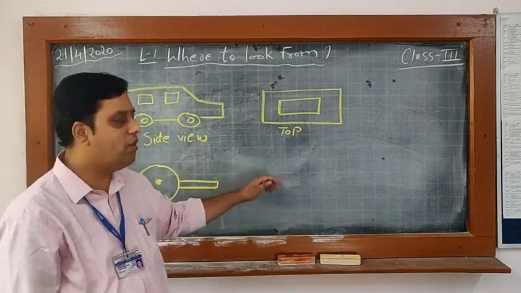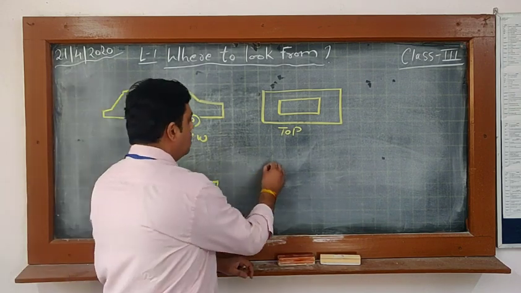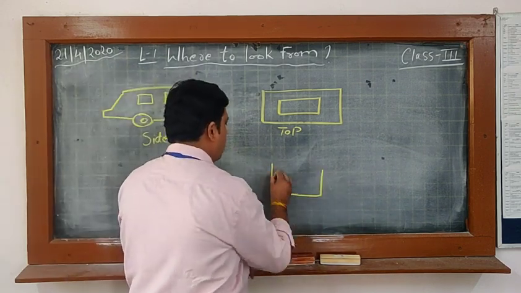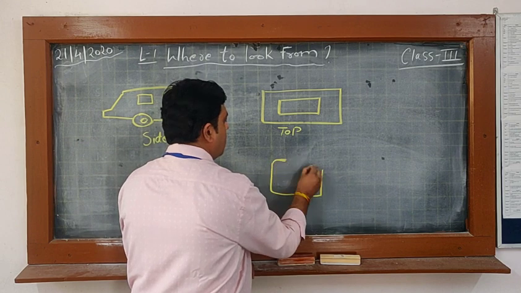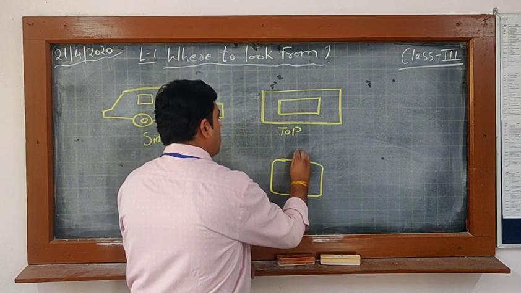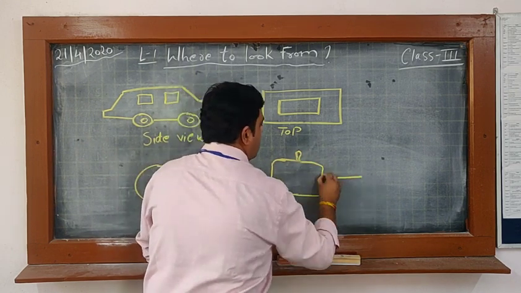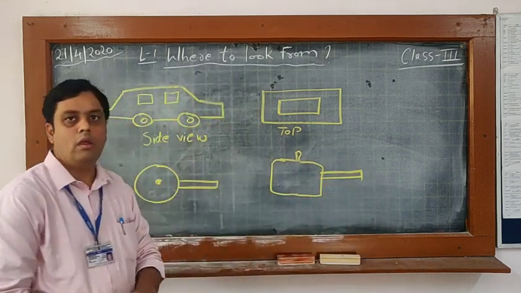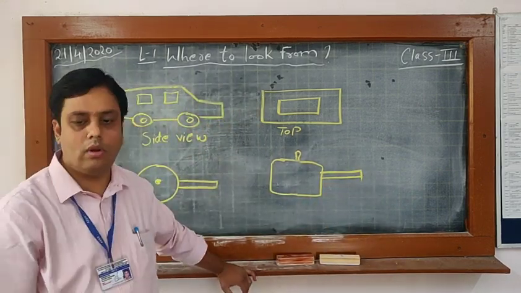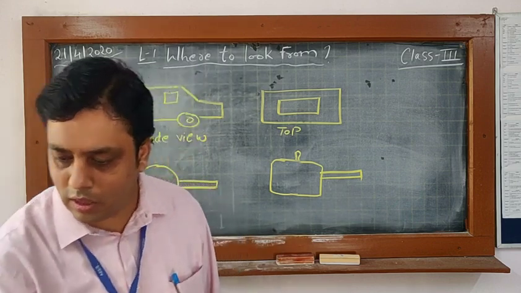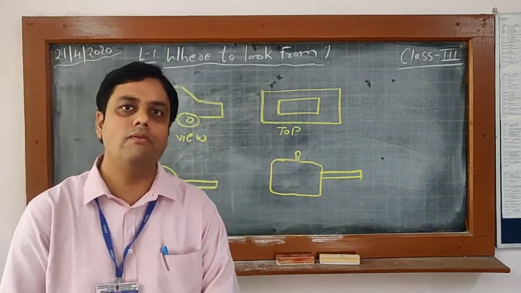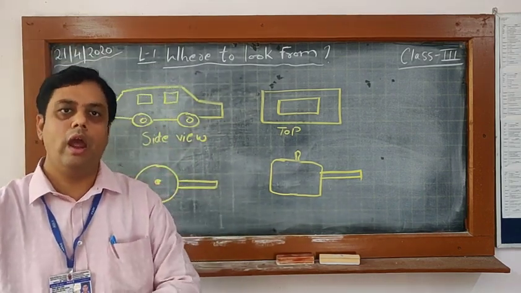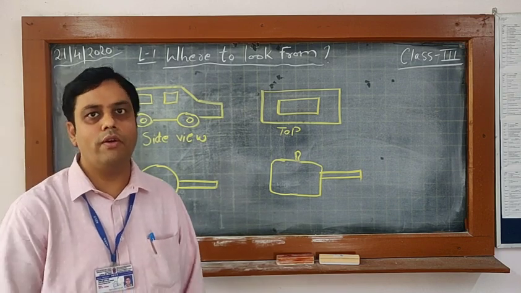But if we see from the front, how will it look? So what we want to say in this lesson is different things that we see from different angles and different views. They look different from each other.